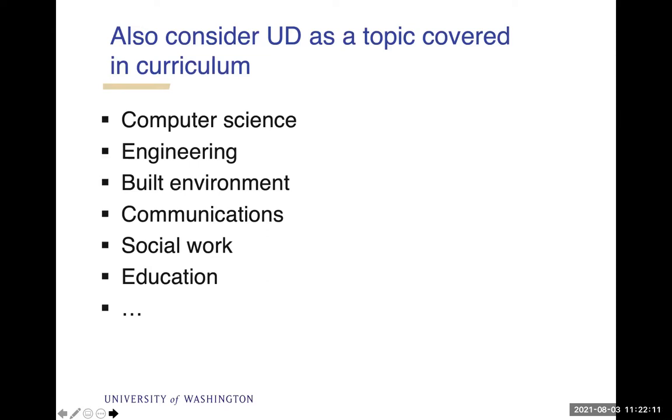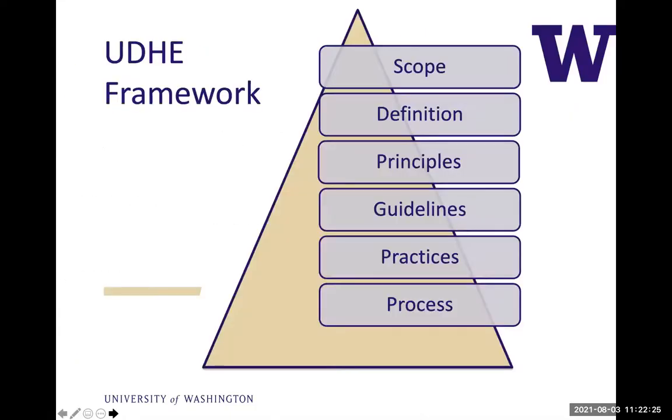The built environment and architecture have been fairly early to adopt some accessibility practices because there are standards in physical construction that have to do with access. Communication, social work, and education could all benefit. So that's the framework of universal design applied to everything in higher education.